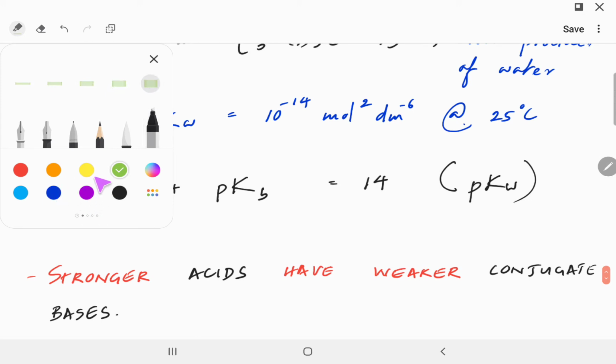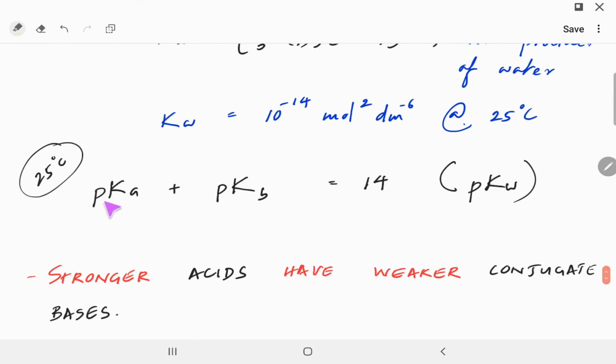At constant temperature, the pKa and pKb sum is a constant, which means for an acid and conjugate base pair, if you have a stronger acid, you have a weaker conjugate base, or vice versa. If you have a weaker acid, you have a stronger conjugate base.